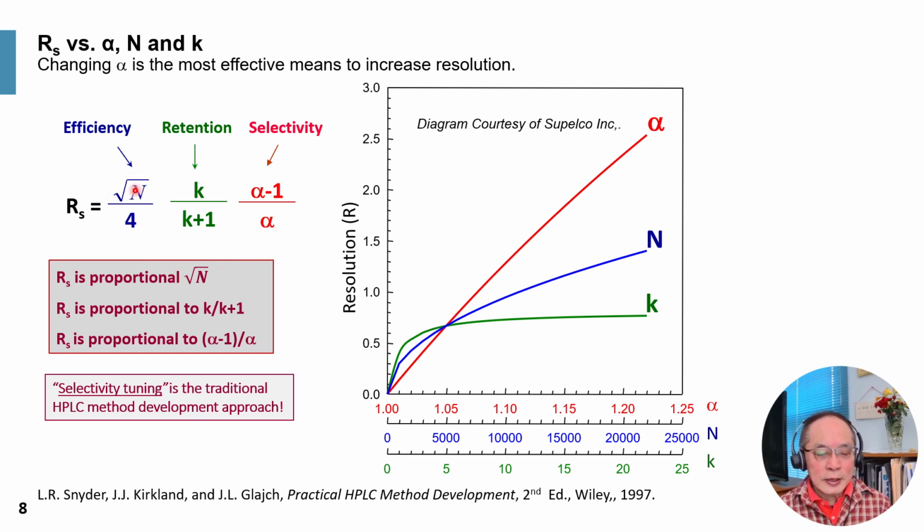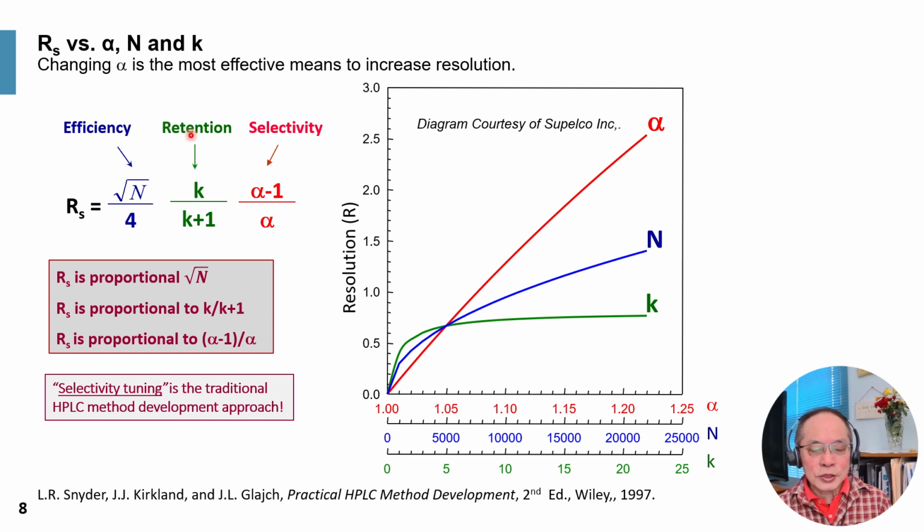Note the relationship of resolution to efficiency is to the square root of N, meaning that if you double the length of the column, you can expect an increase by the square root of 2, which is about 40% increase in resolution. However, by doubling the column length, your retention time or analysis time also doubles. So it is a good way for complex mixtures, but perhaps not a very effective way.